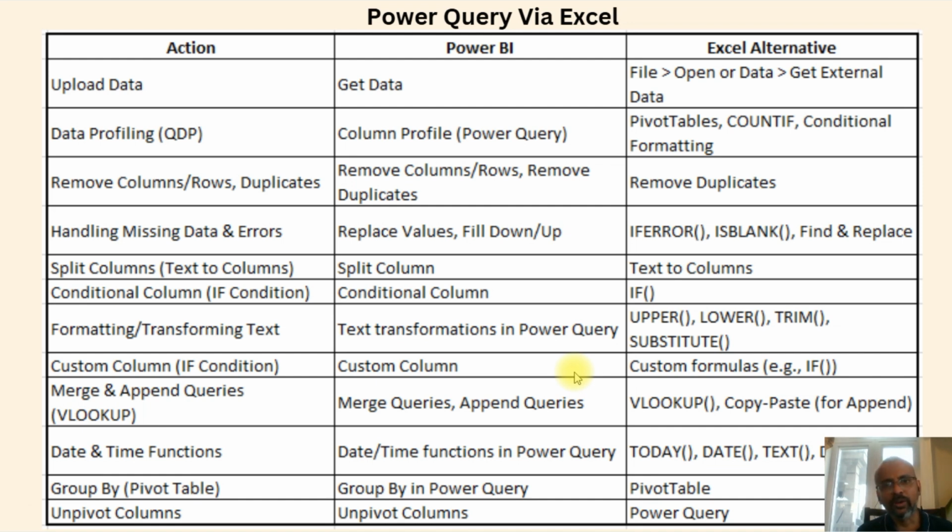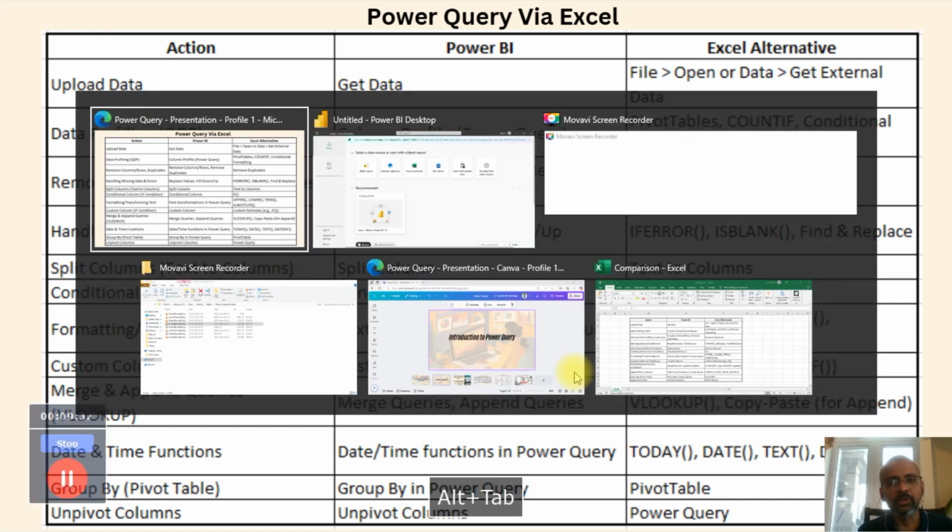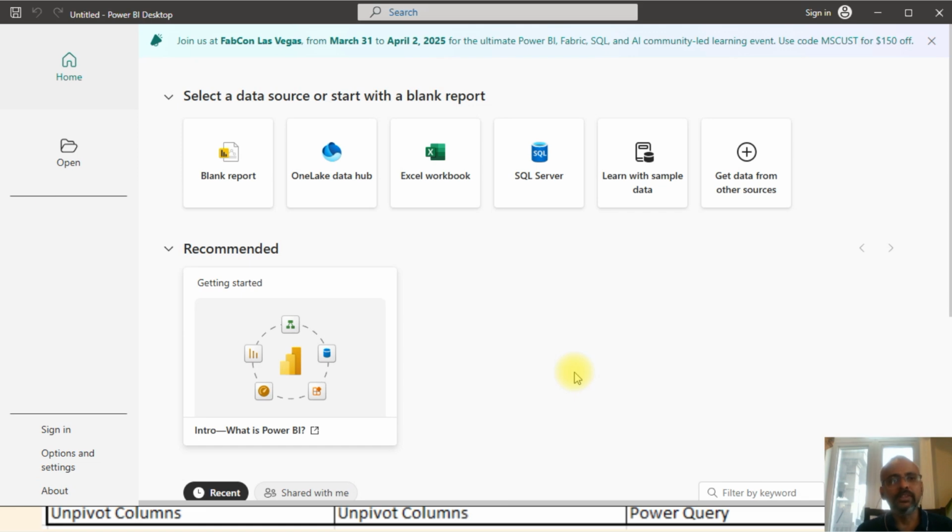Folks, I hope you have already downloaded Power BI Desktop, which I suggested earlier in my introduction session, right? Please open that. It will come up like this. When you open Power BI, the first option you have is to upload information, the Excel file, in various formats.